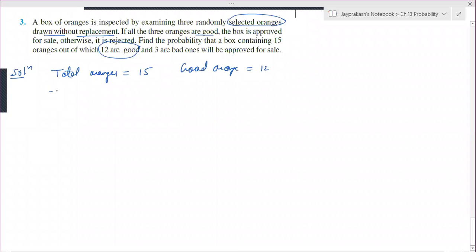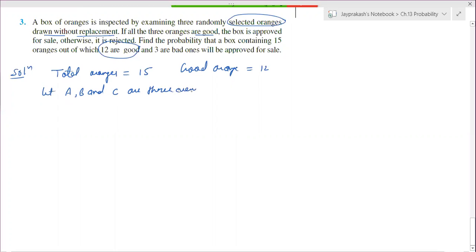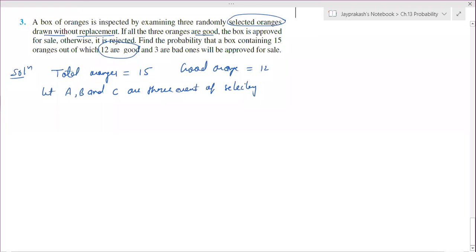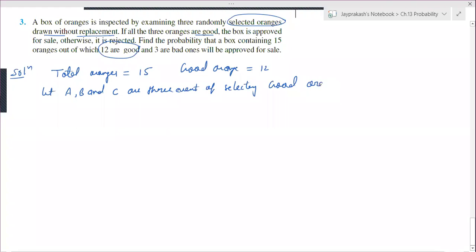So let us write here: let A, B, and C be 3 events of selecting a good orange.